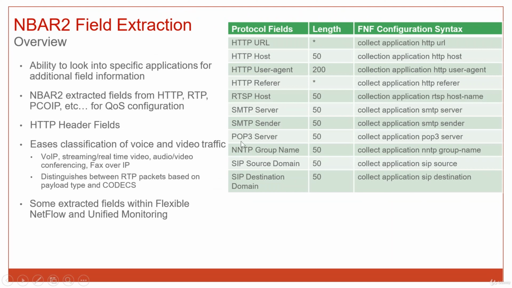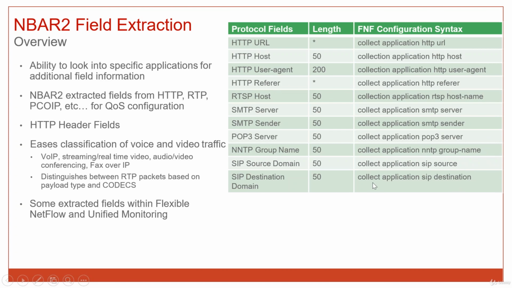Again, this is just for the reference that how the protocols fields are getting matched with which type of FNF statement. So we can go and collect the application called SNMP server, sender, POP, NNTP, SIP applications, HTTP applications.